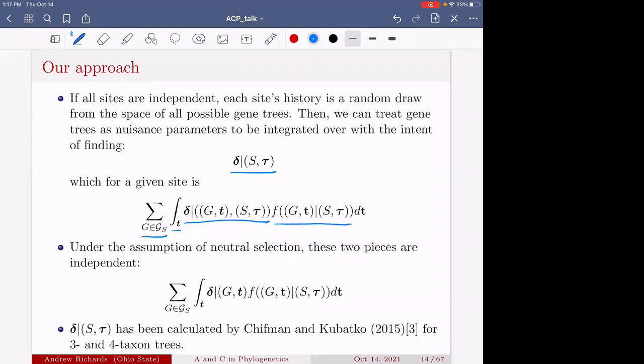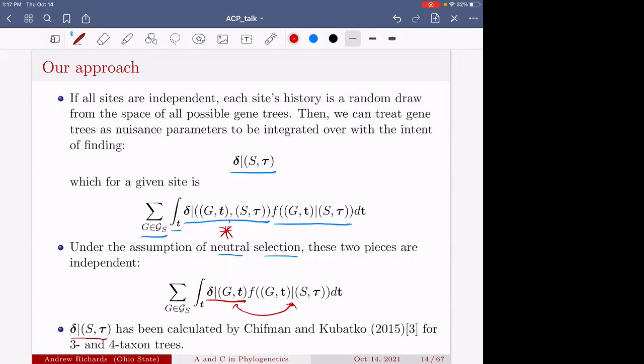and then the density of the gene tree given the species tree. And then if you further make an assumption of neutral selection, this mutation term now only depends on the gene tree, and these two terms here and here are independent of one another. This was calculated by Schiffman and Kubatko in 2015 for 3 and 4 taxon trees.